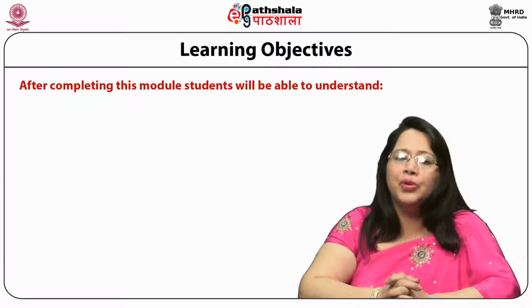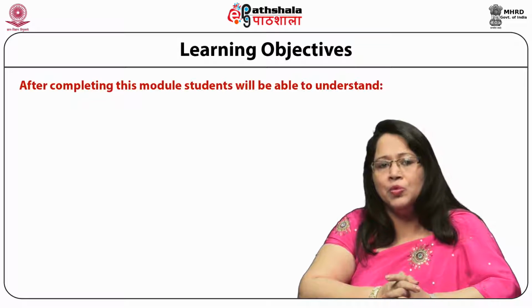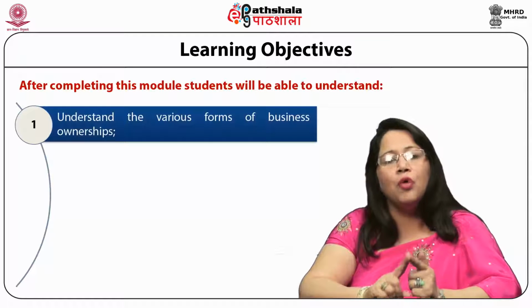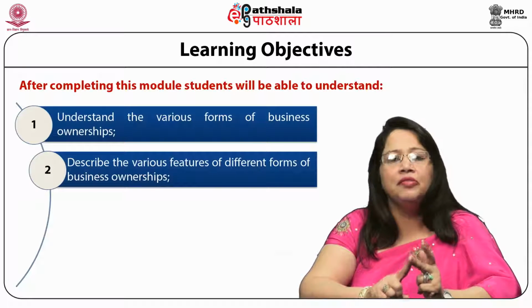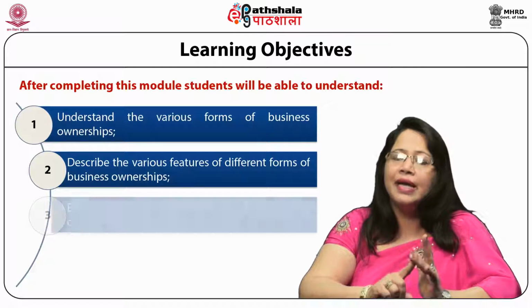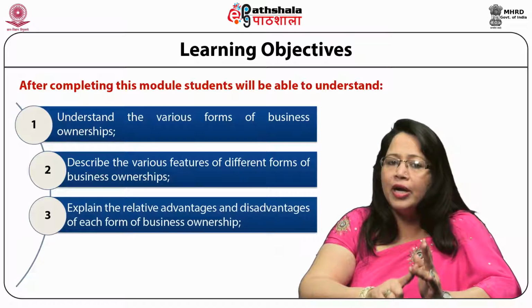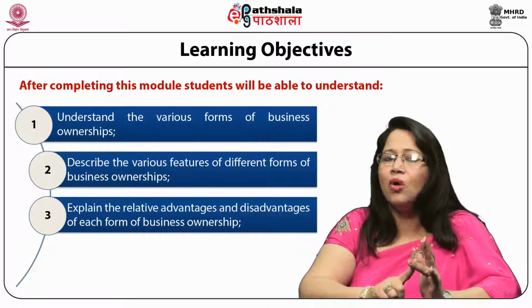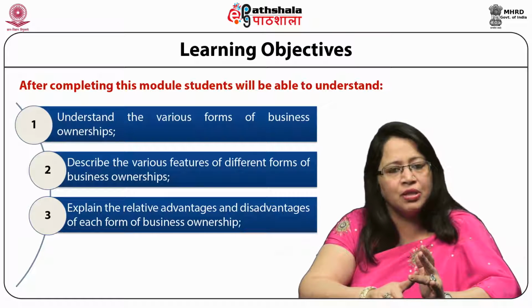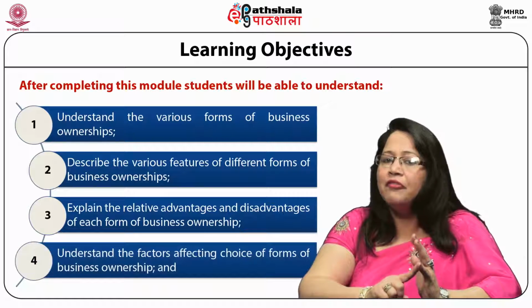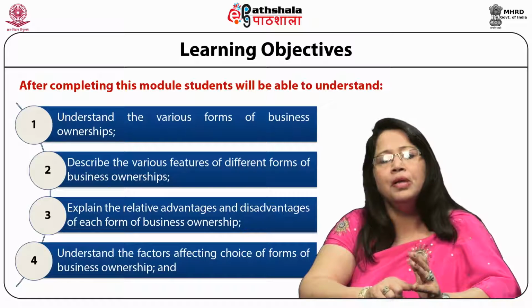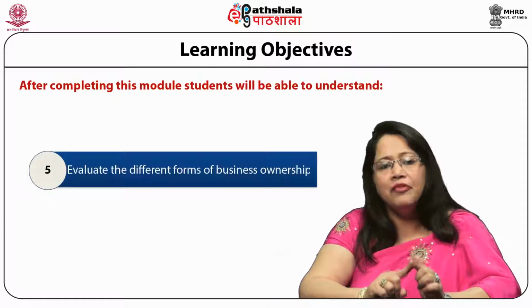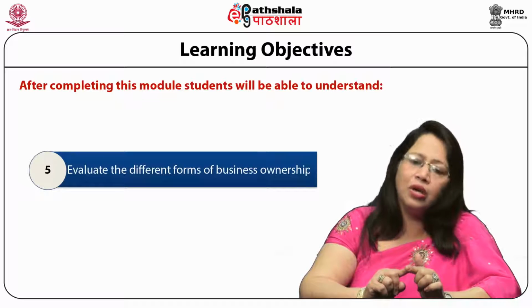After studying this module, the learners will be able to understand the various forms of business ownership, describe the various features of different forms of business ownership, explain the relative advantages and disadvantages of each form of business ownership, understand the factors affecting choice of forms of business ownership, and evaluate the different forms of business ownership.